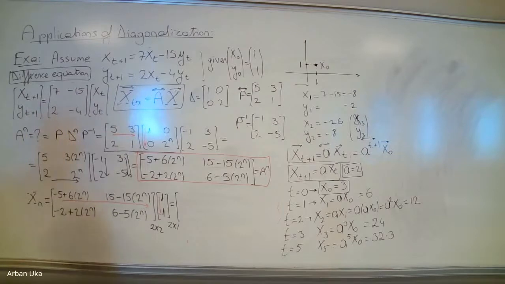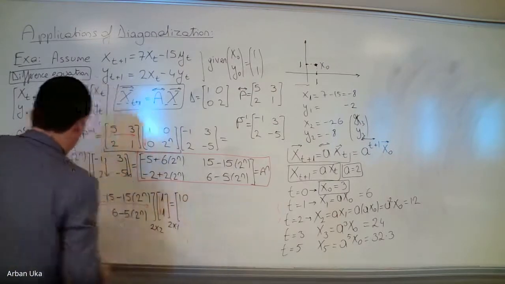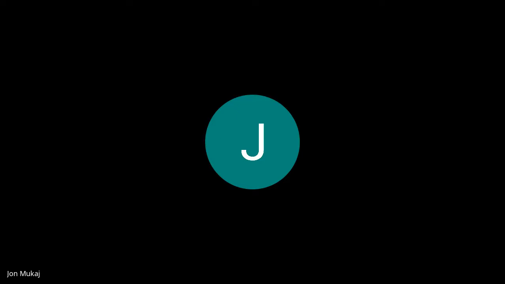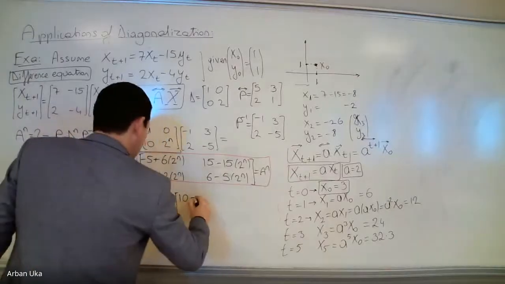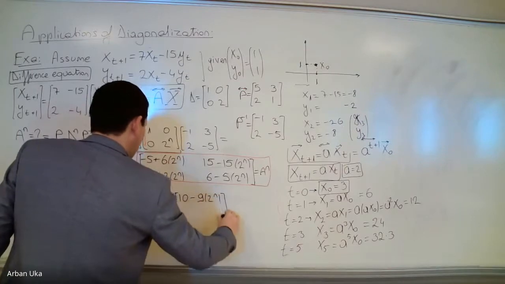So then, let's see what we get. This is 15 minus 5, this is 10, this is a constant number, and 10 and minus 9 times 2 to the power n.